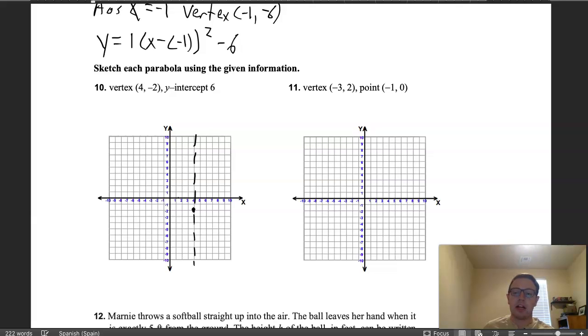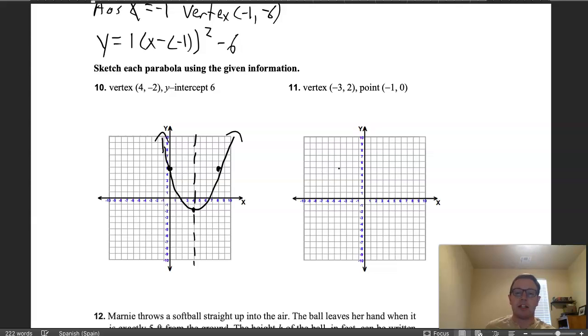We also know that our y-intercept is 6, so we can plot that onto our graph on 6. And we have an axis of symmetry, meaning we can flip this across the axis. This point was 1, 2, 3, 4 away, so we're going to go 1, 2, 3, 4 away and make a mirror point. And then from there, all we've got to do is sketch our parabola.